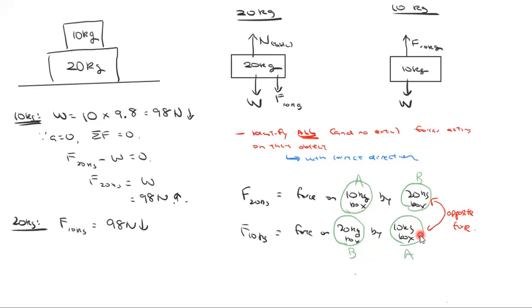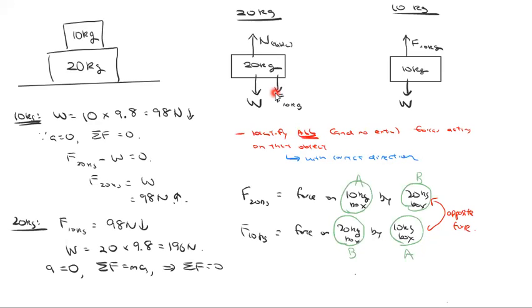Now, what's the weight force on the 20 kilogram box? 20 times 9.8, which gives you 196 newtons, yeah? So now we know the weight force and the forces going down, but is this 20 kilogram box moving? No. So its acceleration is 0, which means using Newton's second law, F equals ma, that sum of F is 0, right?